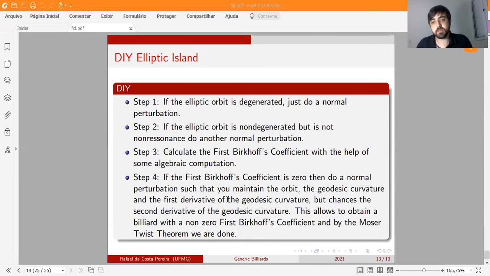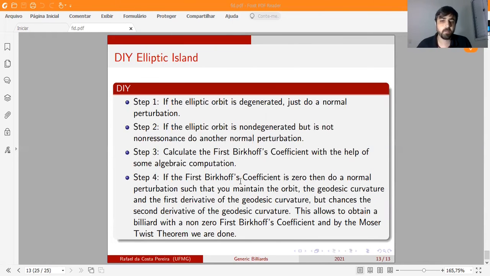And if the first Birkhoff coefficient is zero, we do a normal perturbation that changes only the second derivative of the geodesic curvature, because by calculating the first Birkhoff coefficient, we show that it is a function of the distance between the two points, the curvature, the first derivative and the second derivative of the curvature, and is linear in the second derivative.